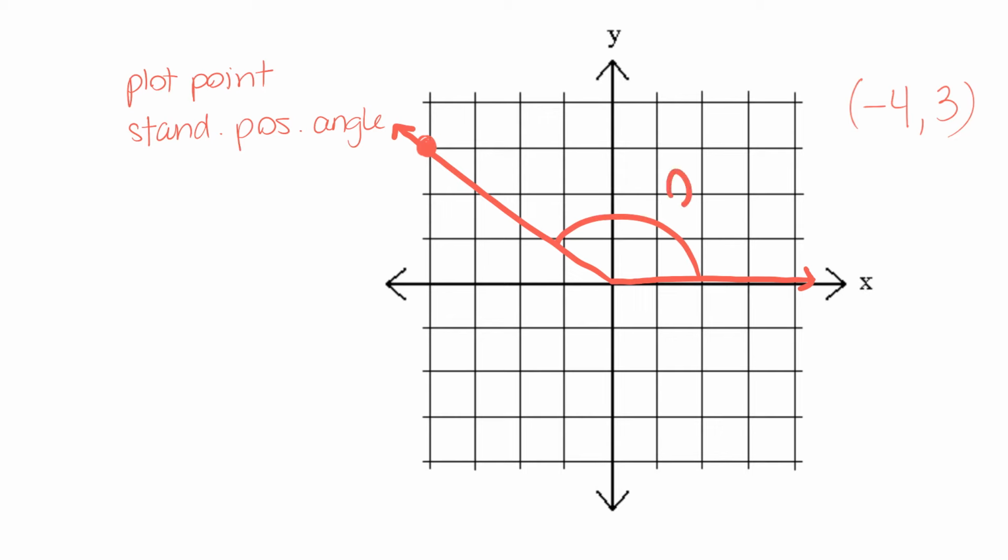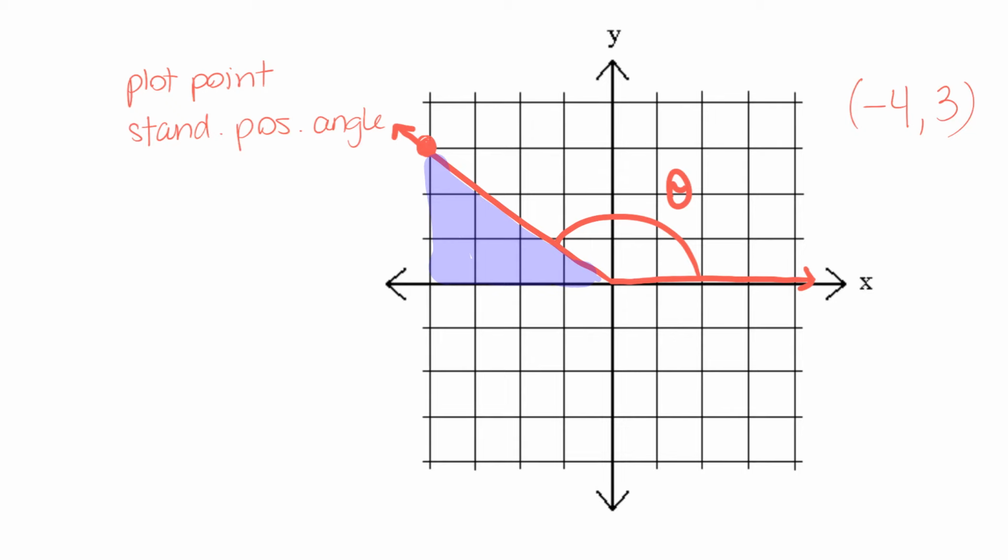Now we're going to draw our triangle. Remember, our triangle has to go down to the x-axis. So our triangle is going to go under here. Okay, here's my triangle.